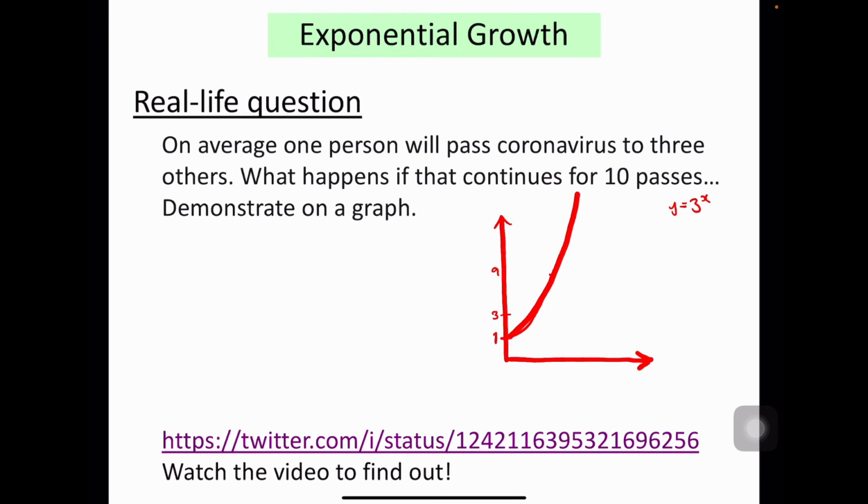So an exponential curve. I'll write here x, y, let's label it properly: number of passes, and here we'll write number of COVID cases.